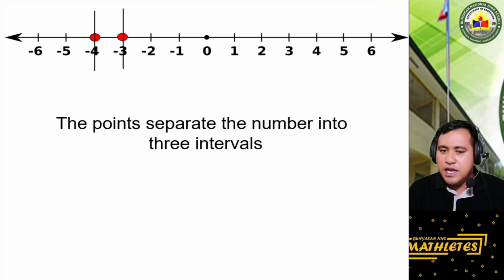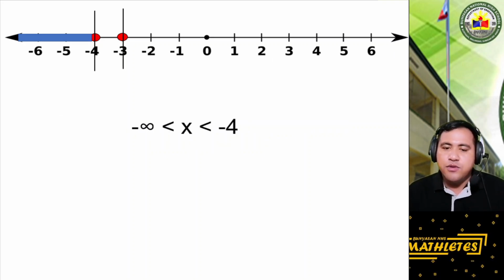The last interval is the set of points that are greater than negative 3 up to positive infinity. So the first is read as x is greater than negative infinity but less than negative 4.